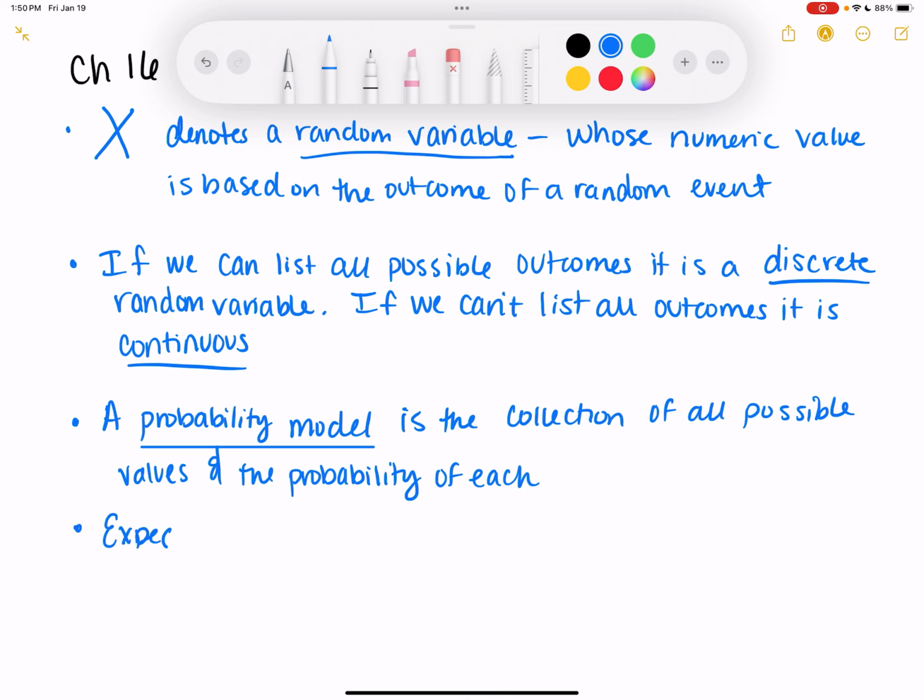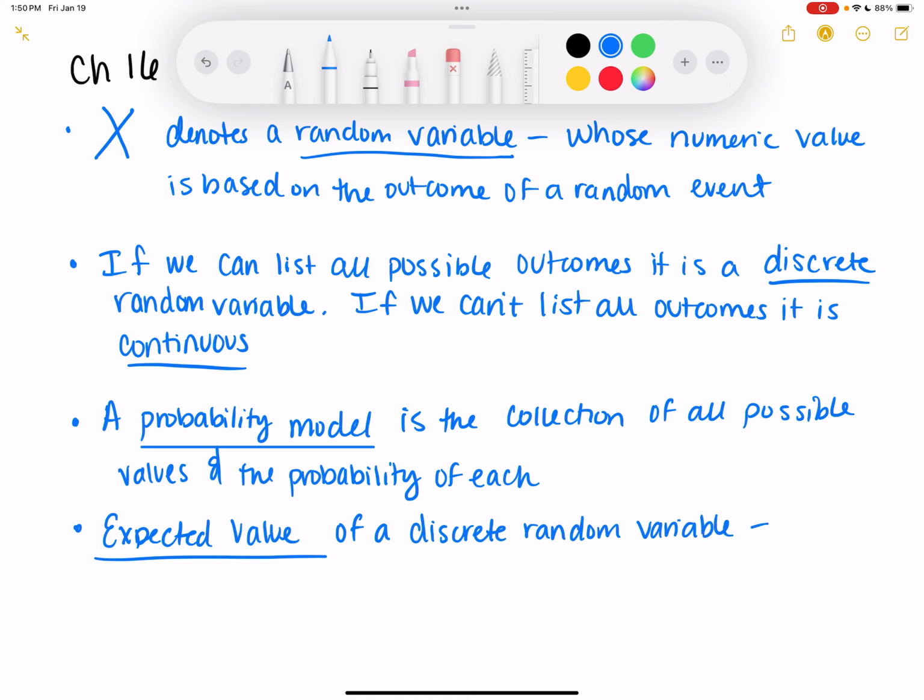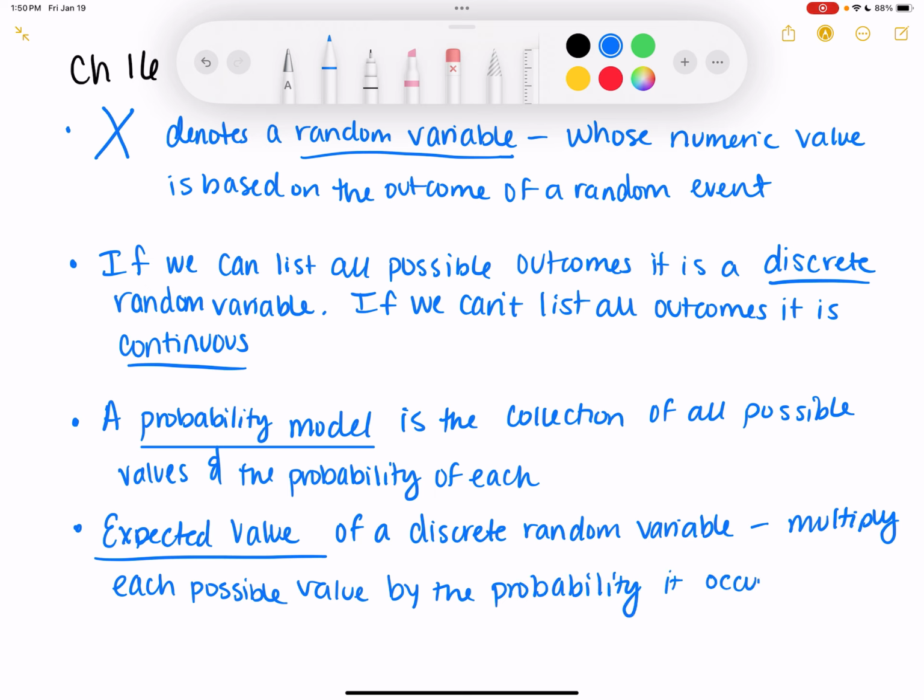The expected value of a discrete random variable: we multiply each possible value by the probability it occurs and find the sum.